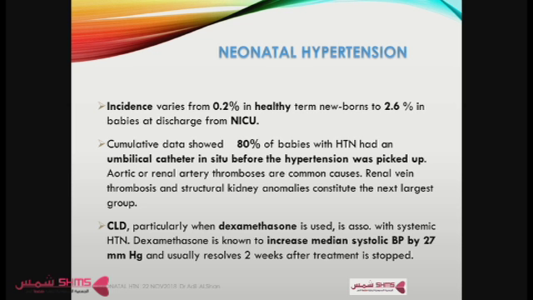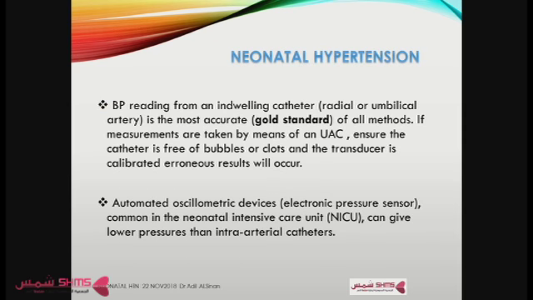For that, usually pediatric nephrologists are the primary managers of neonatal hypertension. Chronic lung disease, particularly when dexamethasone is used, causes systemic hypertension. Dexamethasone is known to increase median systolic blood pressure by up to 27 millimeters of mercury, and it usually resolves within 2 weeks after cessation of medication.